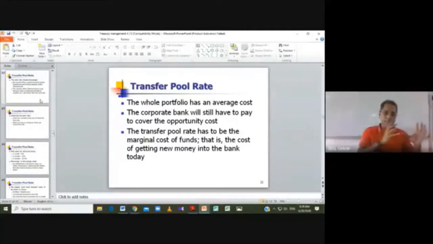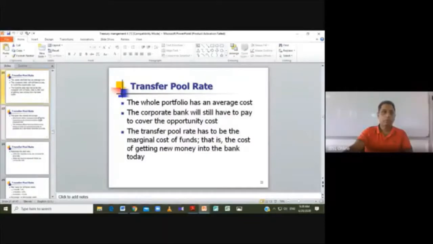No. It is based on where the next batch of money can be borrowed and where the next batch of money can be lent. So it's the marginal cost of funds: at what cost of funds can you lend the next rupee, basically.